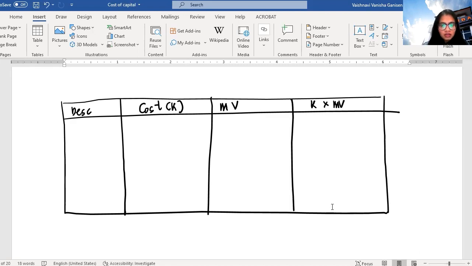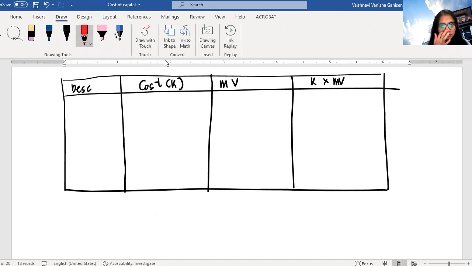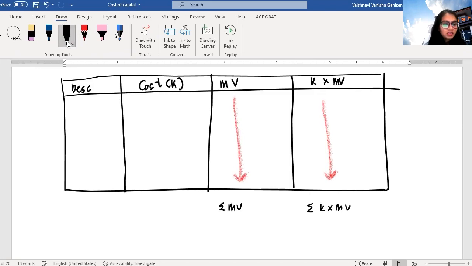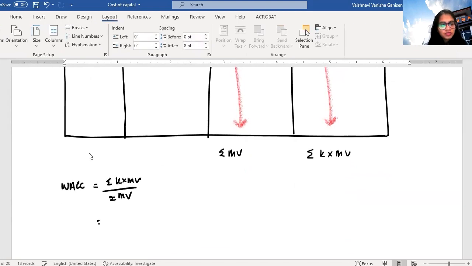Then what I would do is total up all of these. So I would get the summation of K times MV, and the summation of MV. So WACC equals summation of KMV over summation of MV. This will give you the WACC percentage.